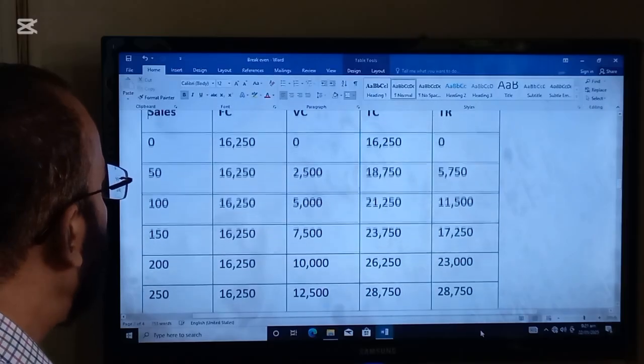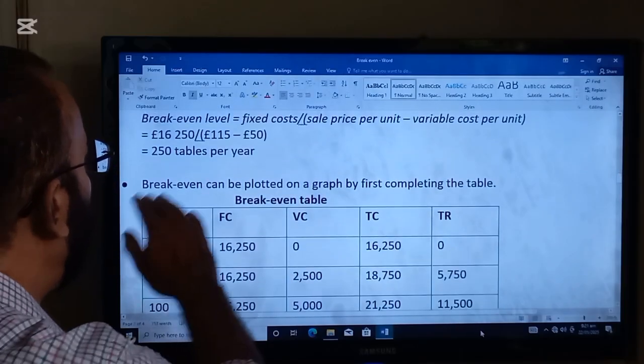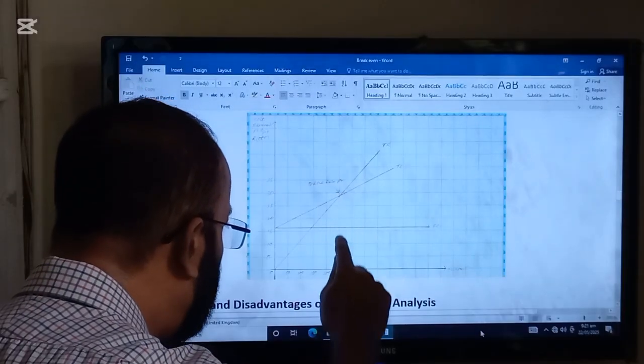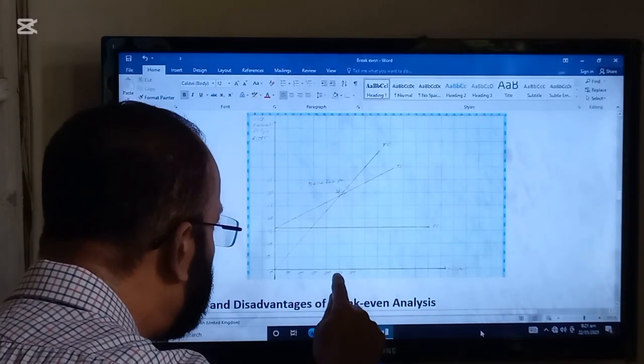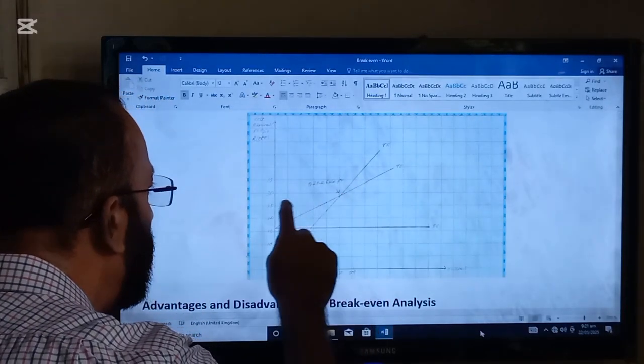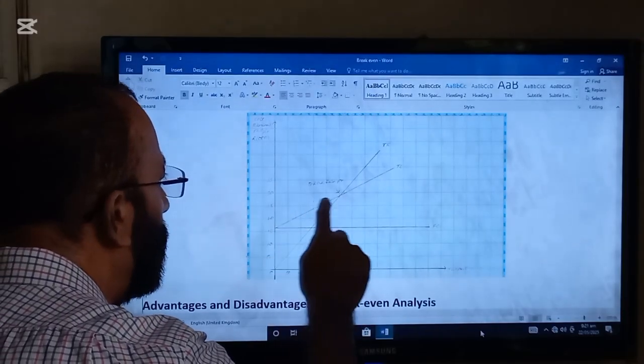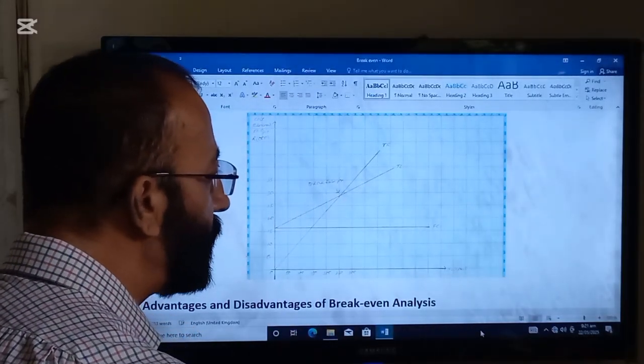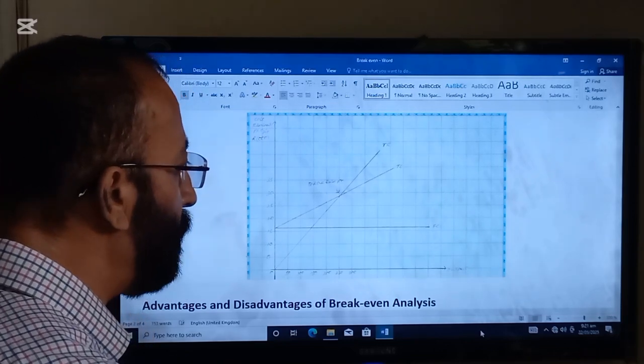The point is 250 tables per year. From here we can also find the break-even point in dollars. We will give the answer according to the requirement.